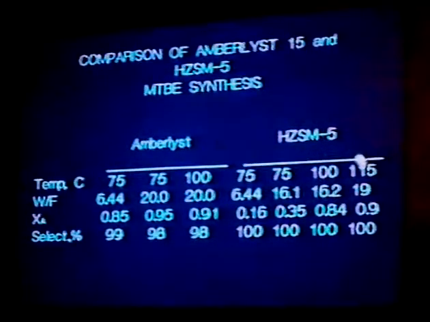At 115 degrees, we could approach about a 90% conversion, which compares with the Amberlyst catalyst activity at a little less than 75 degrees C. The selectivity for the zeolite catalyst was essentially 100% at all the conditions we studied.